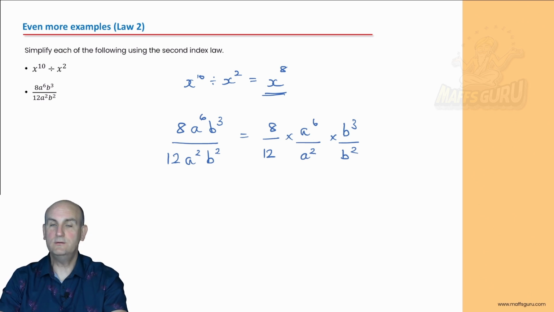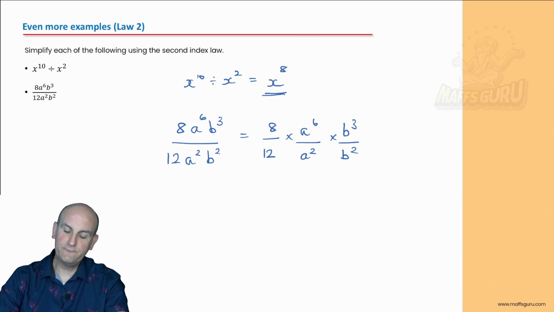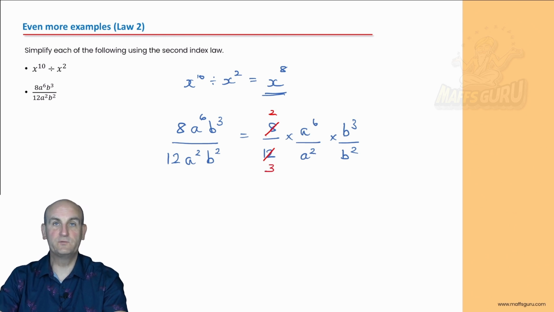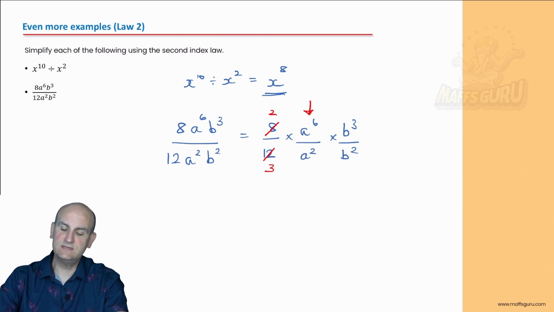And what can I do now? I can cancel down, because we know that 4s go into 8 twice and 4s go into 12 3 times. So I've done my numbers first. Now I've got a to the power of 6 divided by a squared. I take the powers away, don't I? Absolutely, you can take those away.